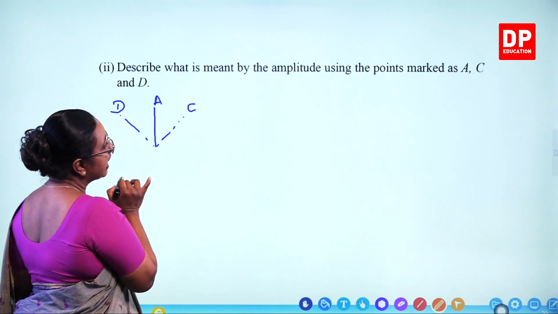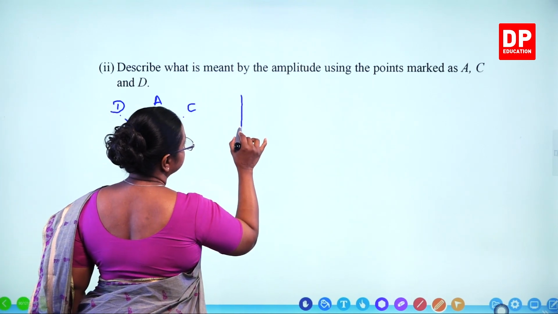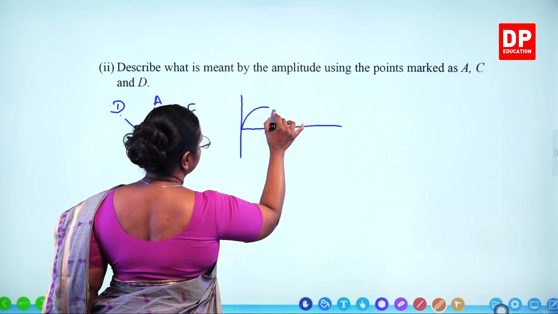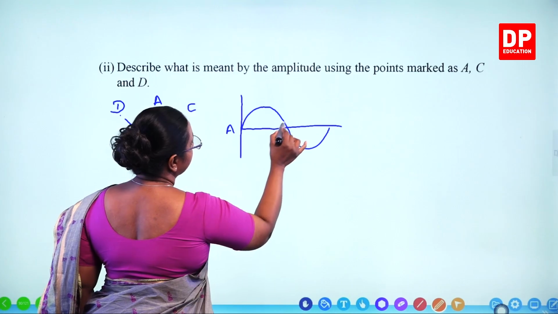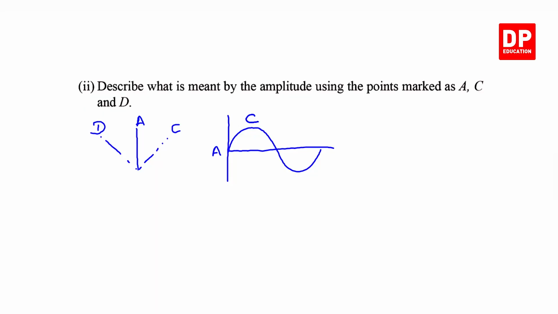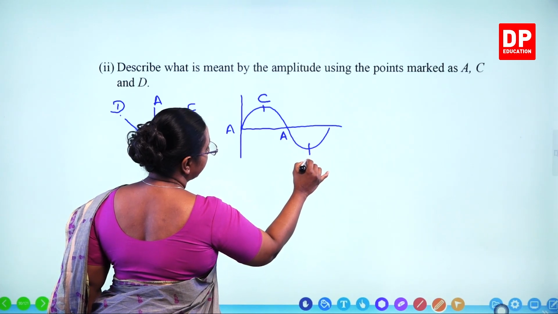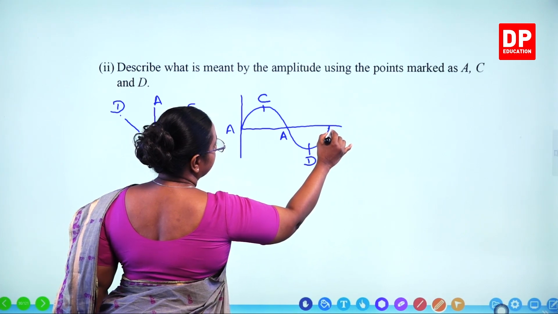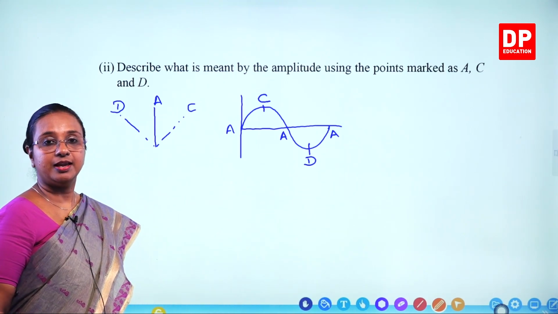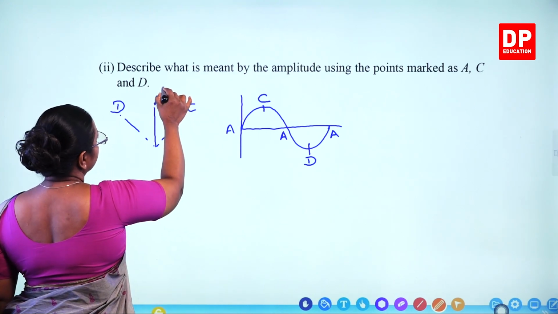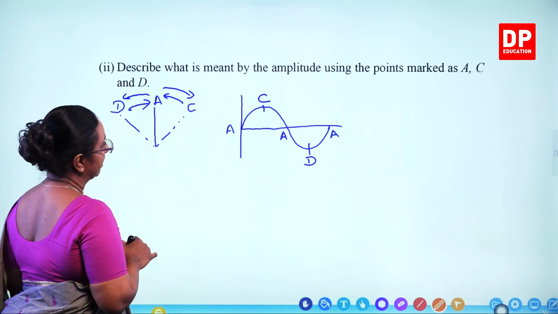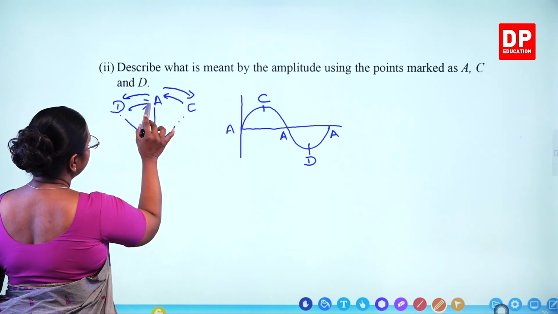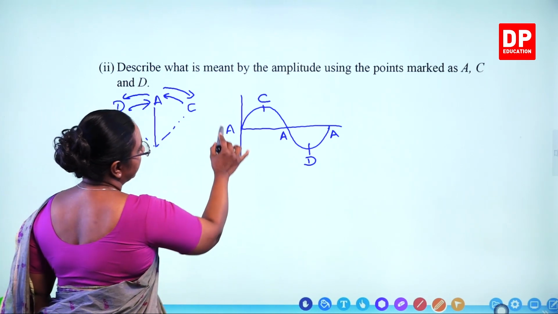If we denote this as a wave, at this point, it's point A, it comes to point C here, this maximum displacement, again to point A, and finally to point D, and then comes back to A. That is how it vibrates. Goes in this direction, comes back, goes here and comes back. So A to C, C to A to D and back to A to C.